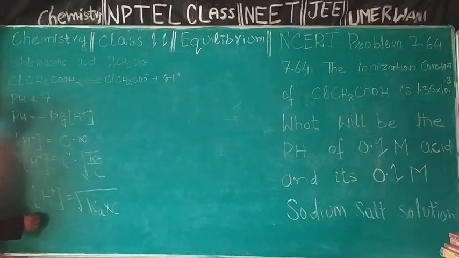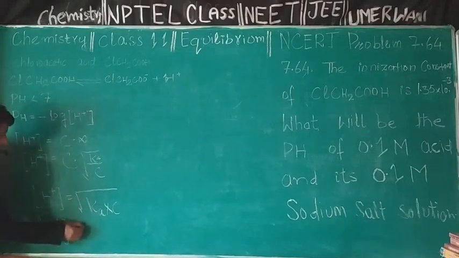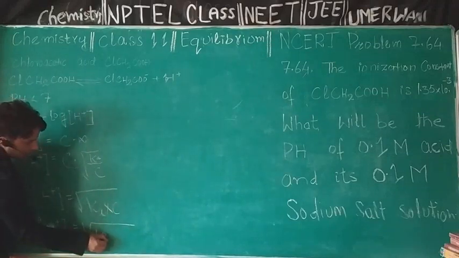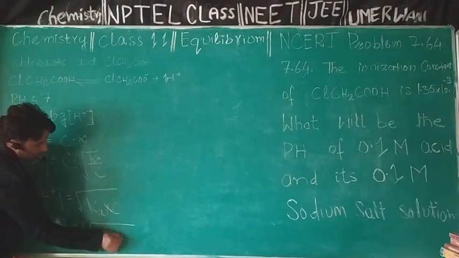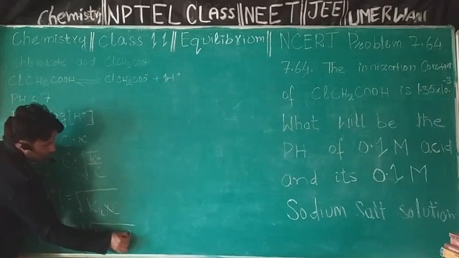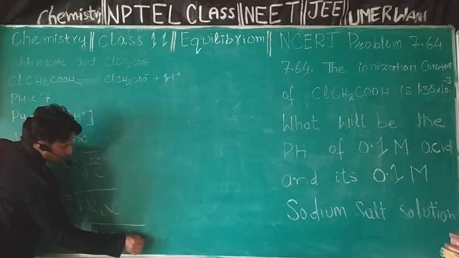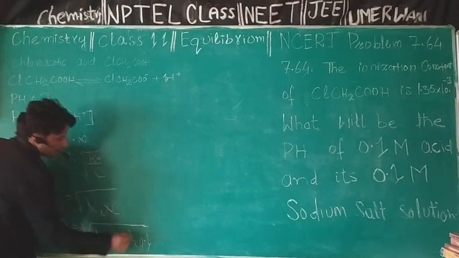Now we will substitute the values. H positive ion concentration will be equal to under root of Ka is given 1.35 into 10 raised power minus 3, and concentration is also given 10 raised power minus 1, I mean 0.1.